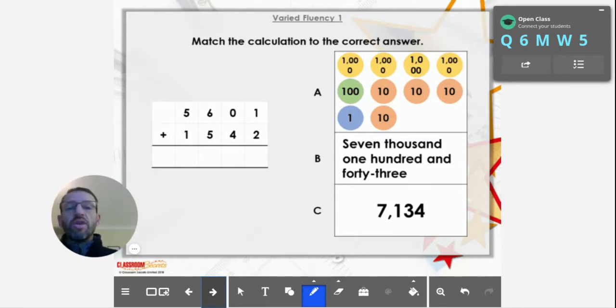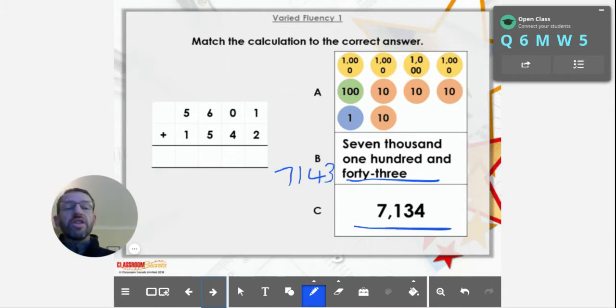So here you've got a multiple choice answer. It says match the calculation to the correct answer. I would say that C is very easy to see the answer. B is fairly easy to read, though I might want to write it out. I've got 7,143.